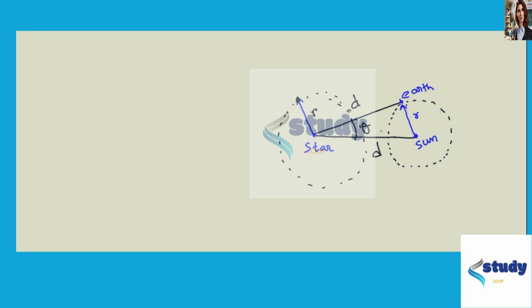If we look at the geometry, we can draw a line around here, and then this line becomes parallel to this line, so this angle becomes theta. r is basically the distance between Earth and Sun, and the distance from Earth to the star is d.